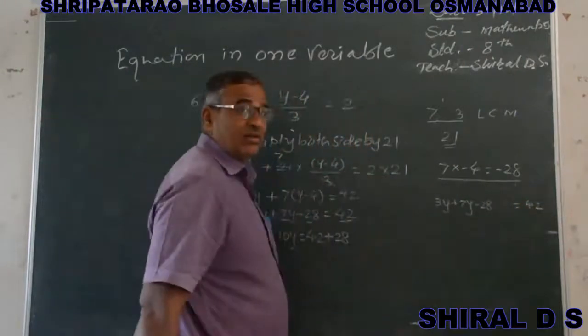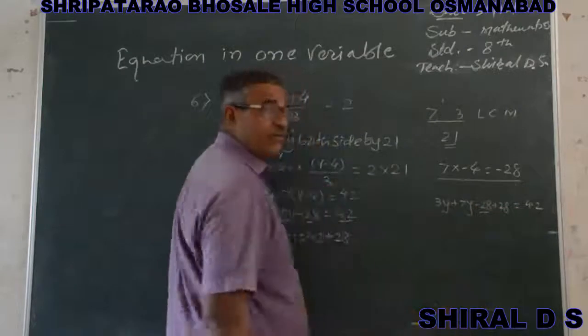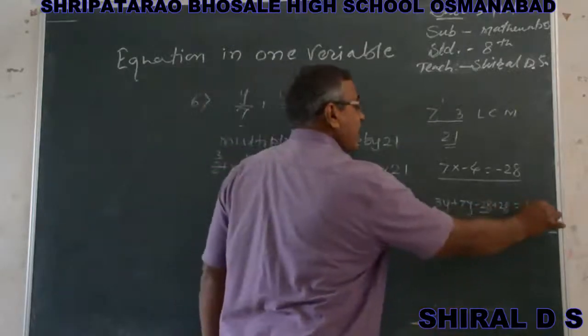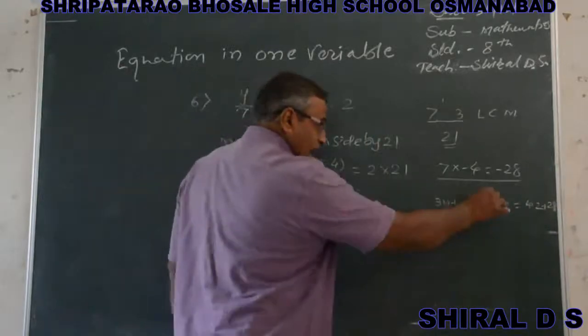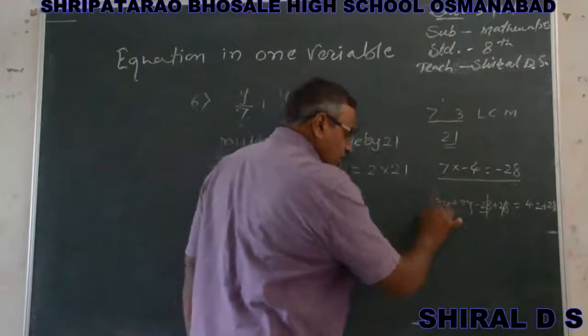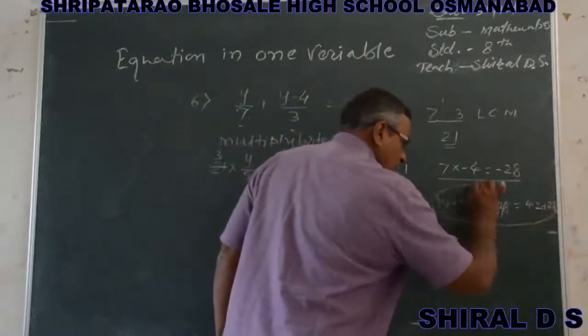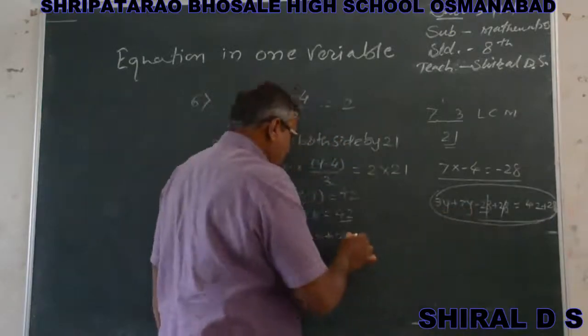Then we know that the minus term cancels. We add minus 28 plus 28, and the same process on the right side: here also plus 28. Minus 28 plus 28 cancel, but we do not write this step.